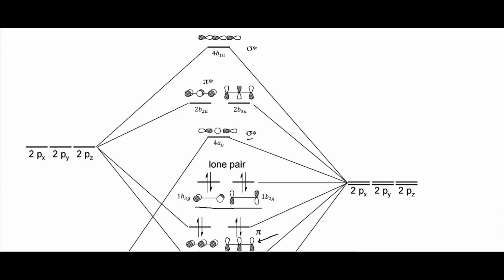And I think in the book I'm using, which is the Miessler and Tarr, it actually has these right here switched around from what is going on here, but the energies are close enough that it depends on what source you are finding. But I believe in my book this sigma star is actually higher than this pi star here, but those are both unfilled, and so it isn't going to affect anything here.